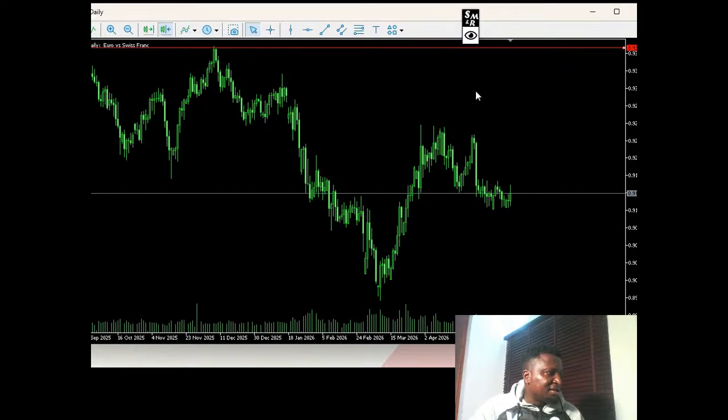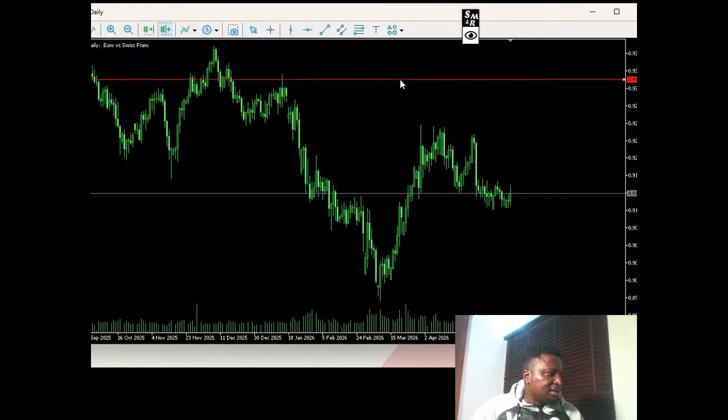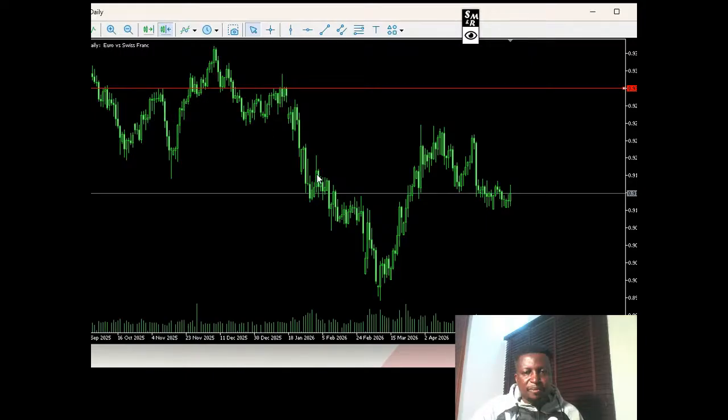So let's come here. There is no key level here. Price touched this particular spot once, and also touched it again, so it's also a key level. But because price has broken through it, we are not going to make use of it. We'll be paying attention to the ones that price has not broken through.